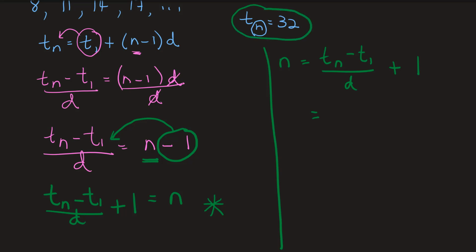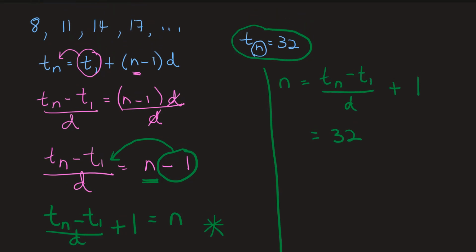I don't actually know what the value of n is, but I know that that nth term is 32, so I can write it here, 32. And I know that the first term is this one here, and that is 8, so I put minus 8 in here. Now, I didn't find what d was, so let's take a look.